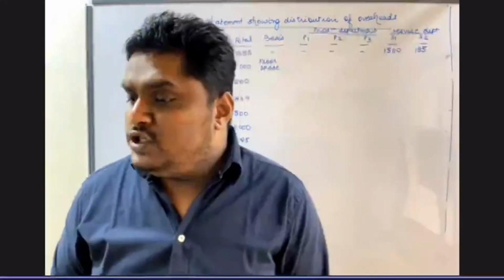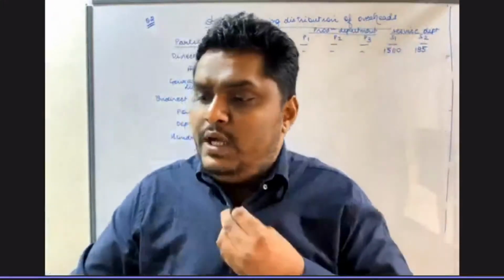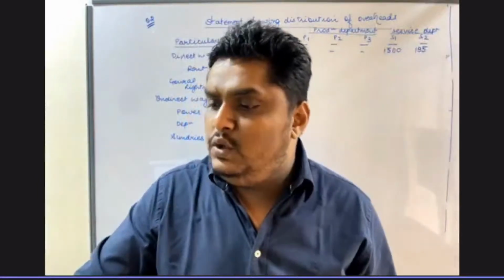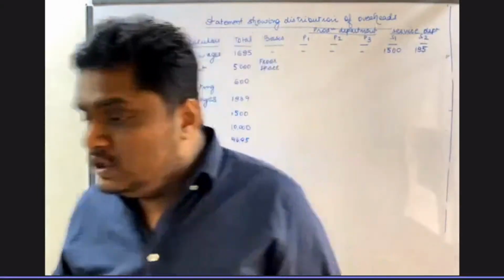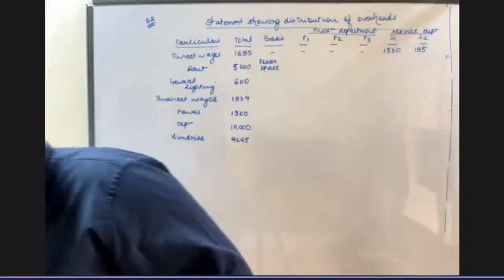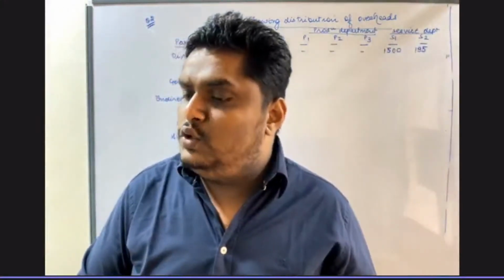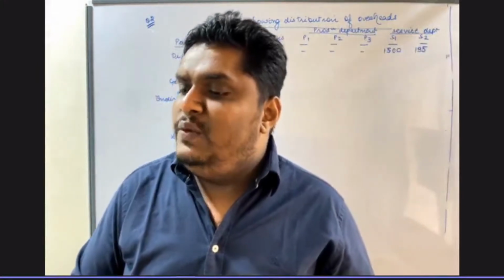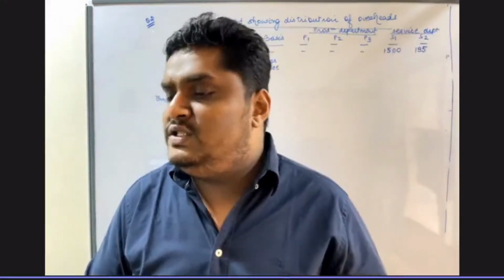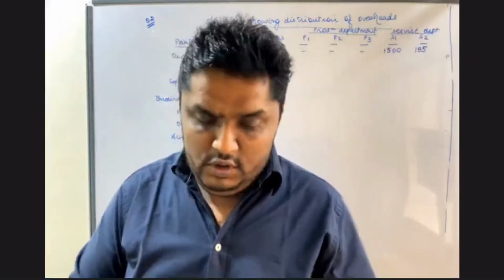When talking about floor space, it is given in the question that 2,000, 2,500, 3,000, 2,000 and 500. So this will be the ratio for distribution. So we'll distribute 5,000 in the ratio of 20 is to 25 is to 30 is to 20 is to 5.